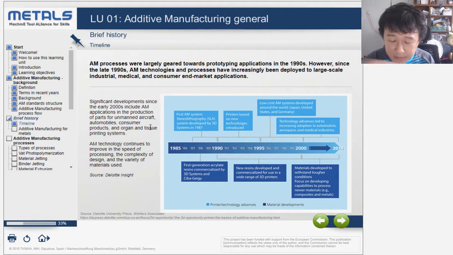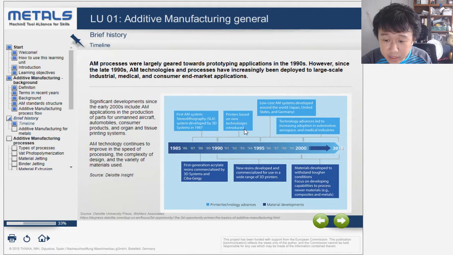So yeah, you can see that in this diagram. You can see the first AM system, stereolithography SLA, was developed by 3D Systems. I think the CEO at that time was Chuck Hull. And then the first generation of acrylic resins was commercialized by 3D Systems and Ciba.